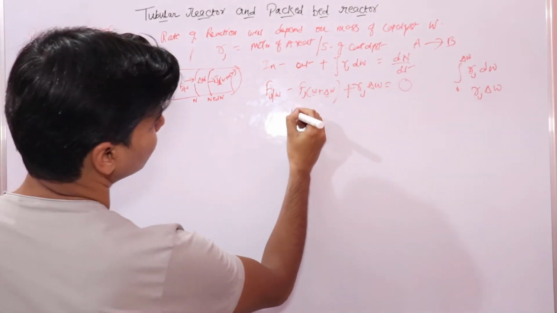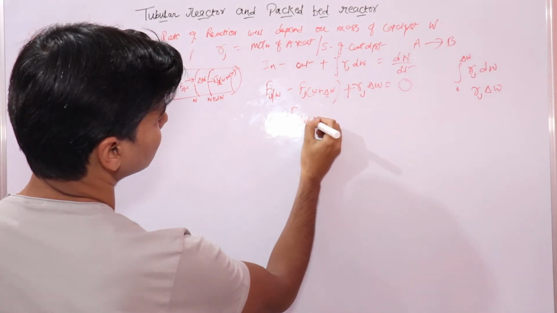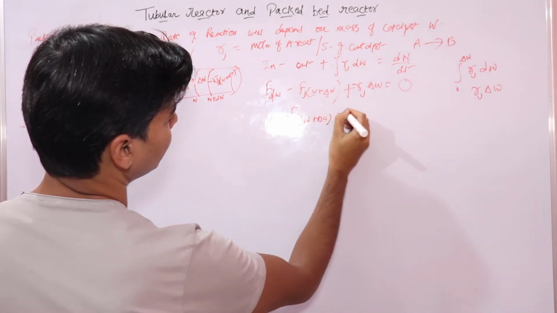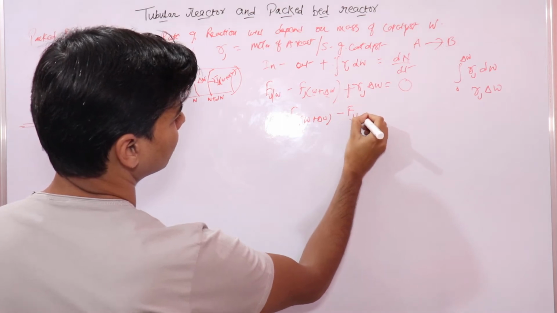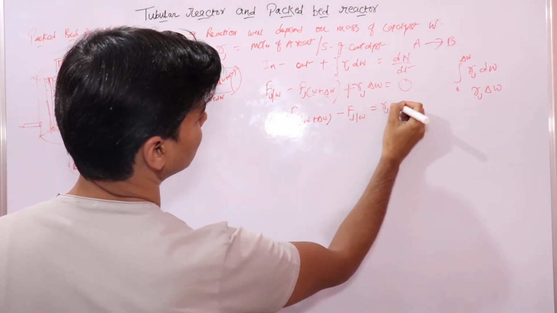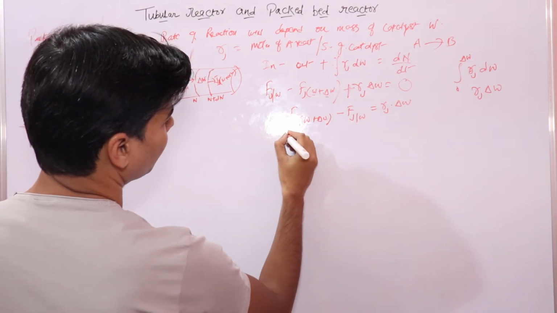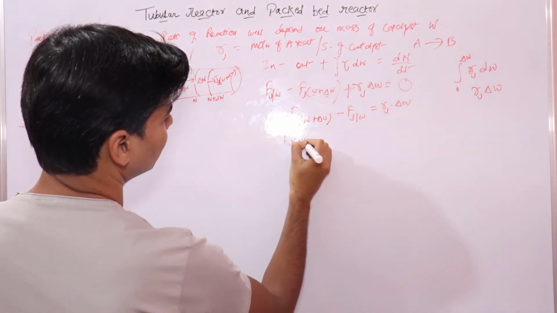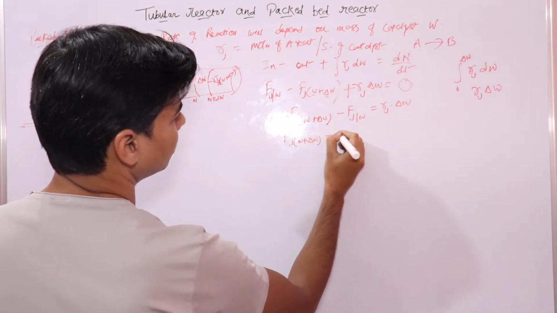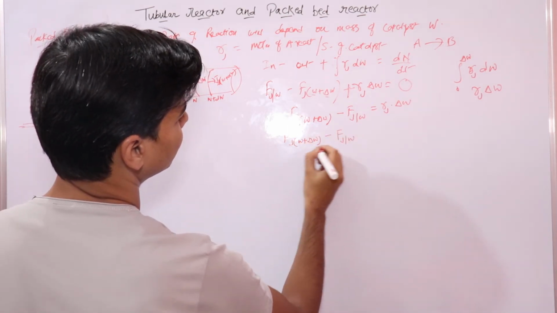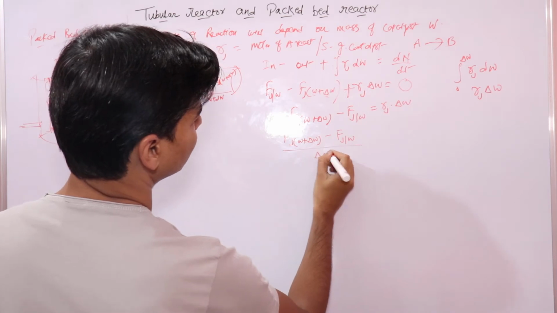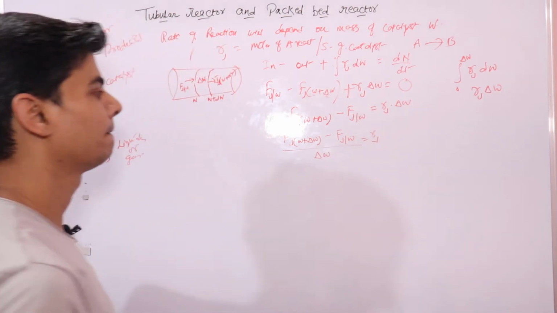So this would be Fj at W plus delta W minus Fj at W equals Rj delta W. So Fj at W plus delta W minus Fj at W over delta W is equal to Rj.